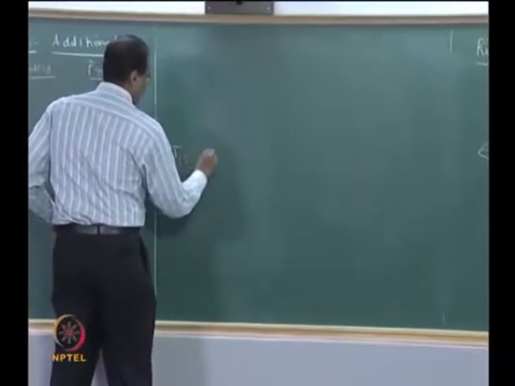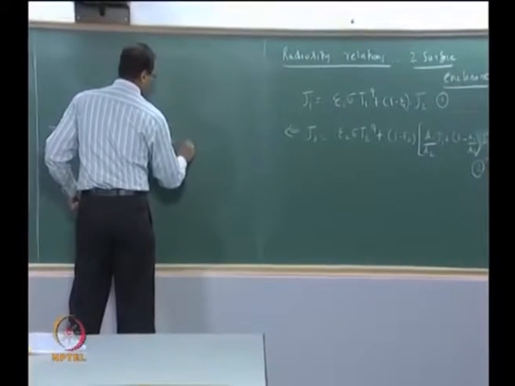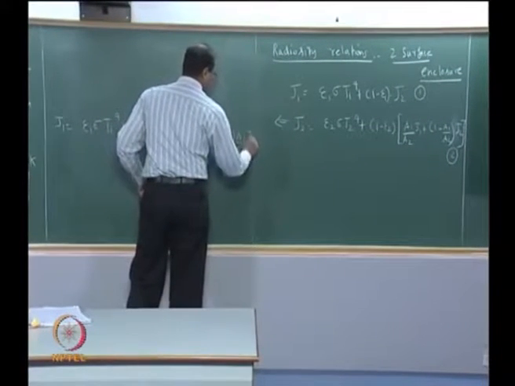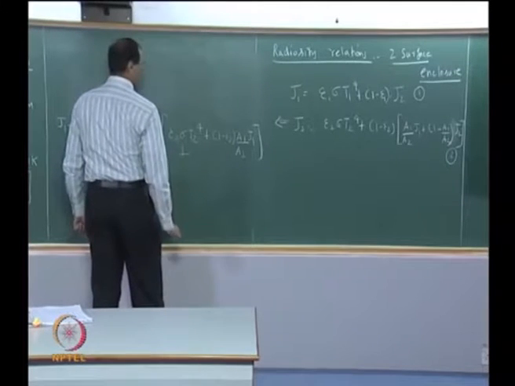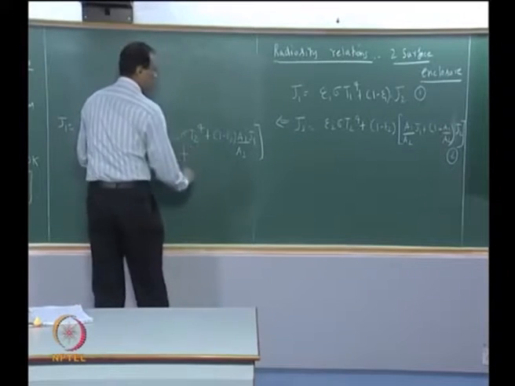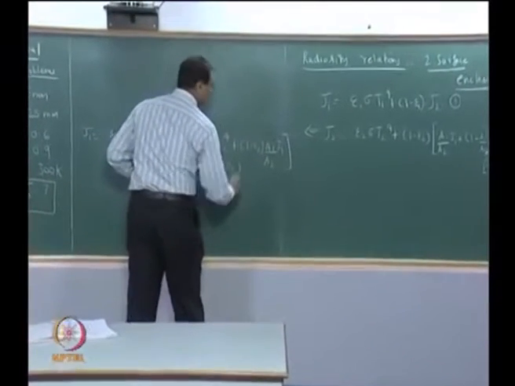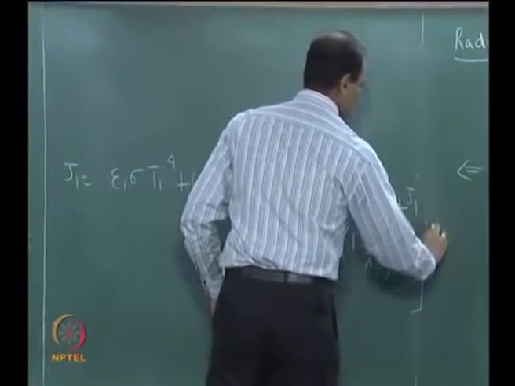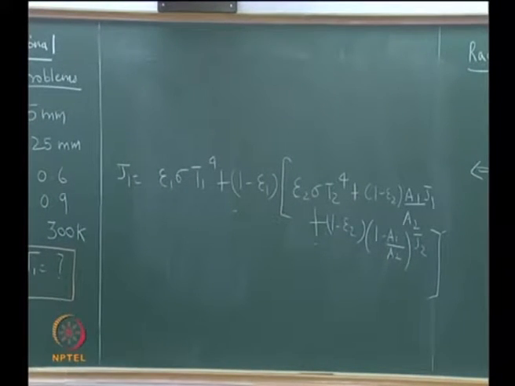So J1, what is that, 1 minus, oh 1 minus epsilon 1 is already there, right, correct, epsilon 2, this is correct. Three terms from J2, correct.